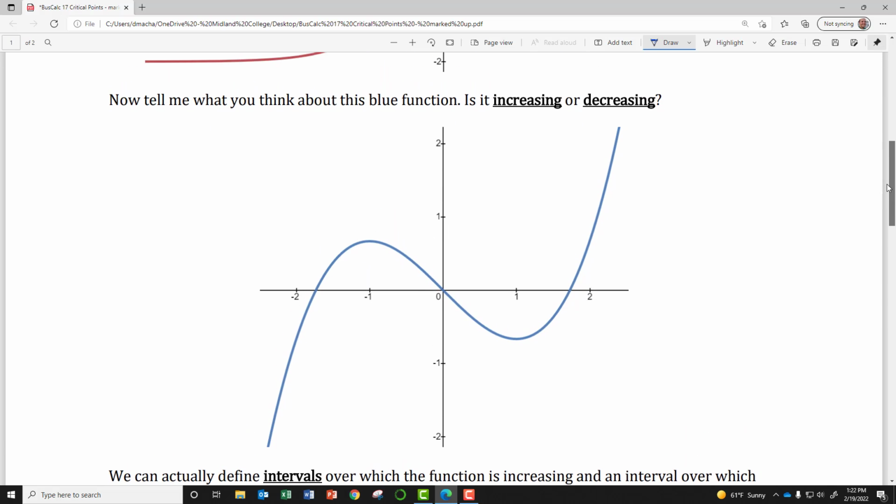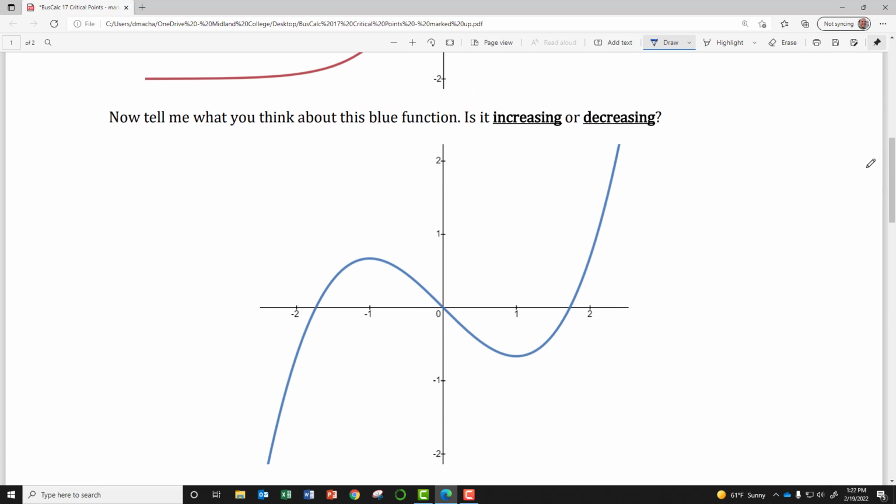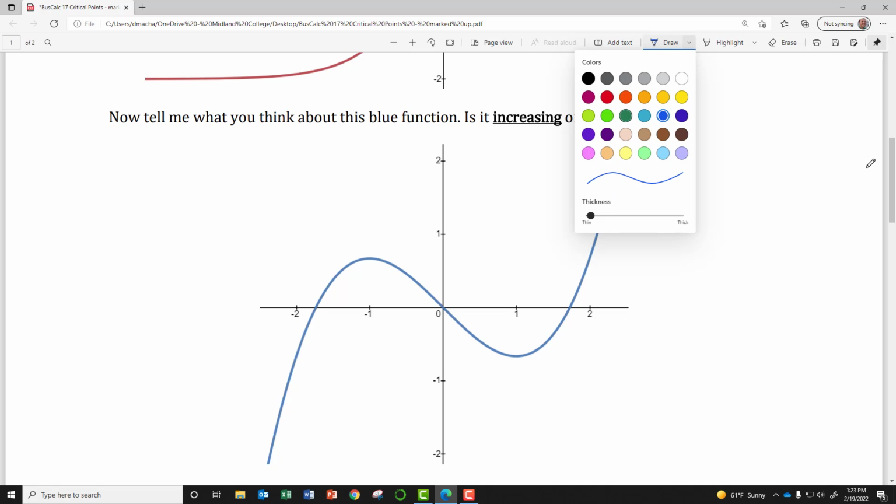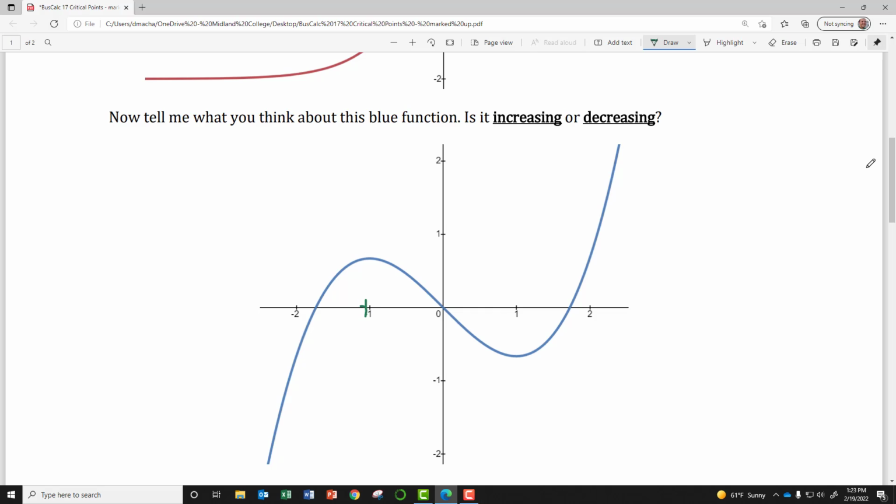Now tell me what you think about this blue function. Do you think that this curve represents a function that's increasing or decreasing? And this is actually a trick question because for this curve, we can identify an interval or two over which you might say this function is increasing from left to right.